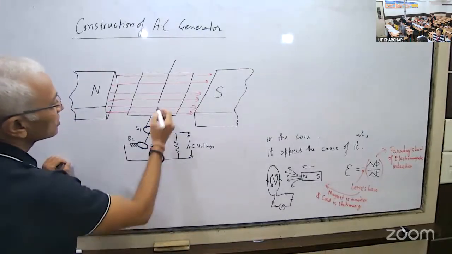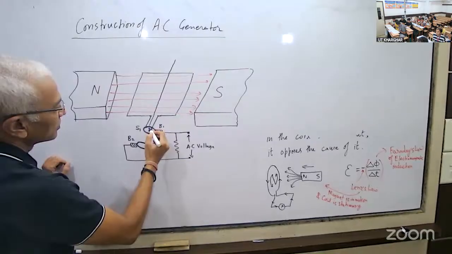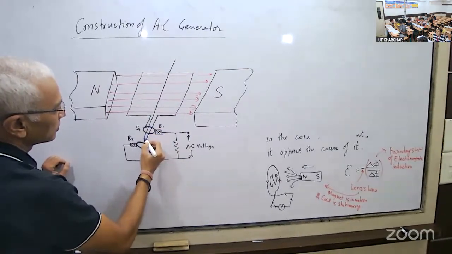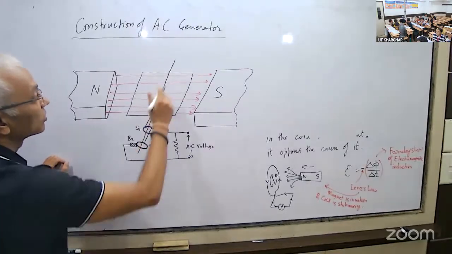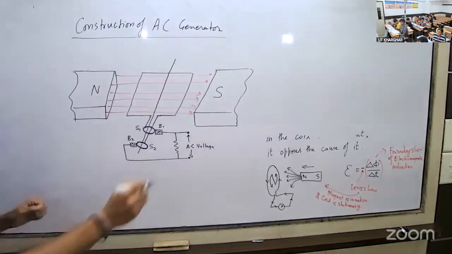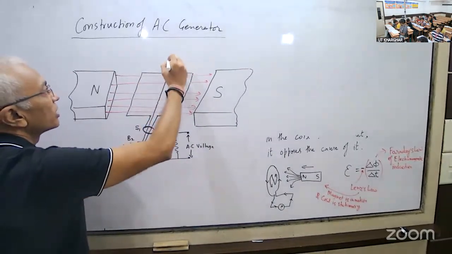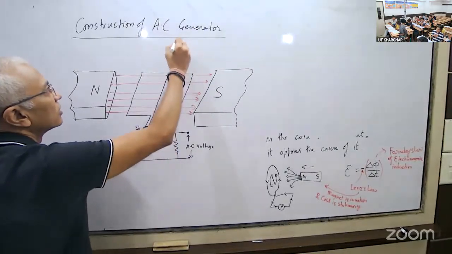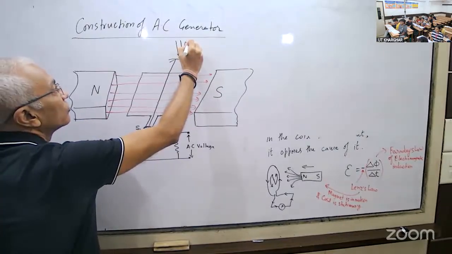Okay, let's imagine this is the axis. And now we are rotating this coil. Let us say the coil is rotated due to the falling water.